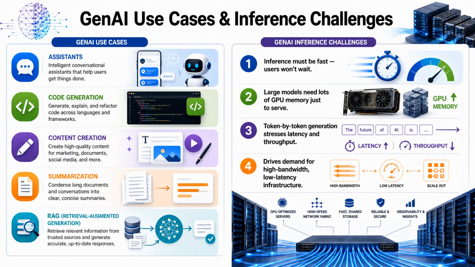Okay, let's dive in, and the whole story of this slide reads left to right, so let's follow it. Start on the left, under Gen AI use cases. This is where generative AI actually earns its paycheck. You've got virtual assistants answering questions and automating busy work. Code generation, writing, completing, and explaining code, so your developers move faster.